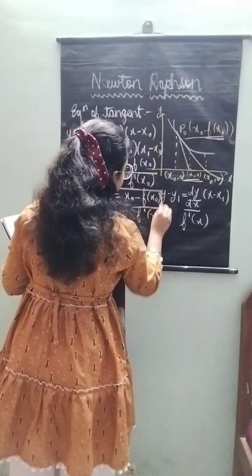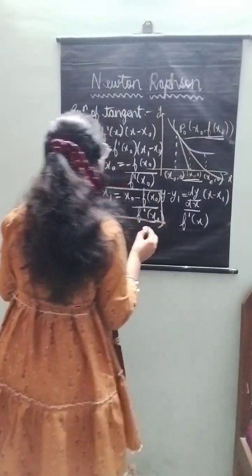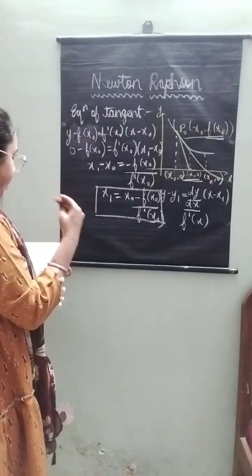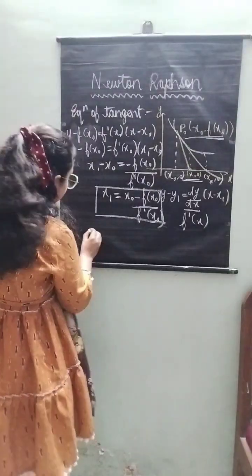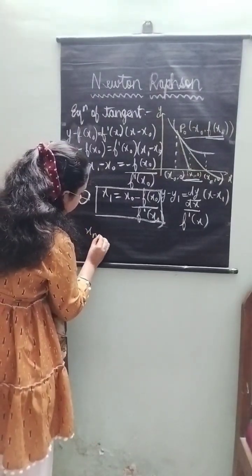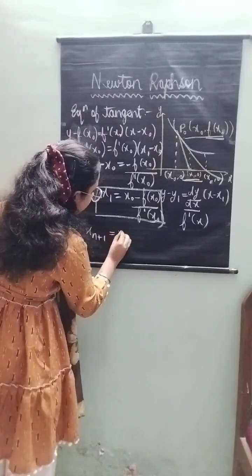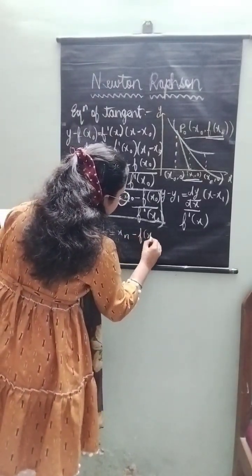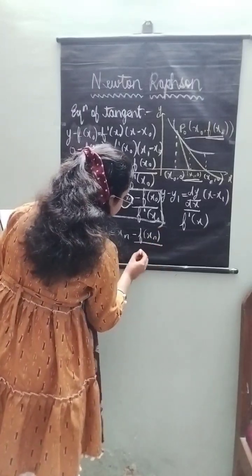This is the formula for the Newton-Raphson method. So the general formula is x of n plus 1 equals xn minus f of xn upon f dash of xn.